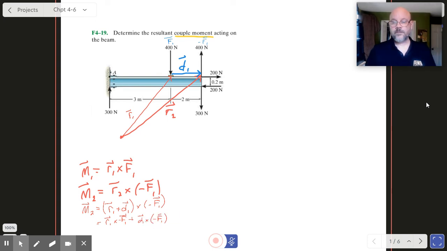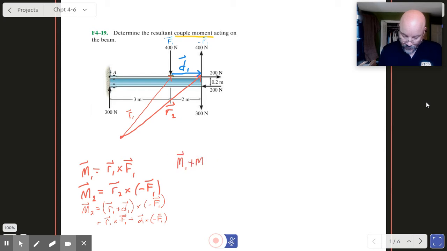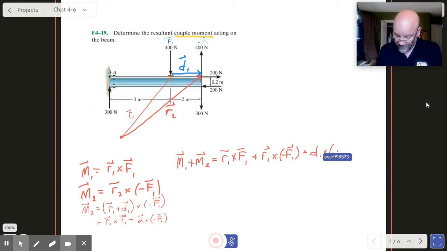Now let's suppose we add M1 plus M2. What we're going to end up with is R1 crossed with F1 plus R1 crossed with minus F1 plus D1 crossed with minus F1.